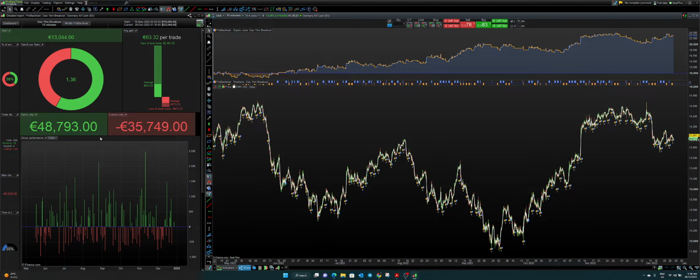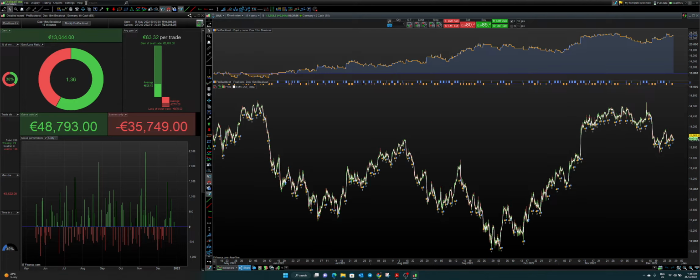And now you can see we've had a roughly 5% improvement in the win rate, and the profit is even better at 13,044.